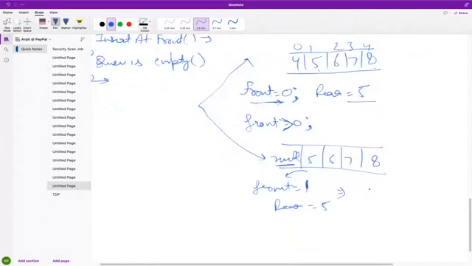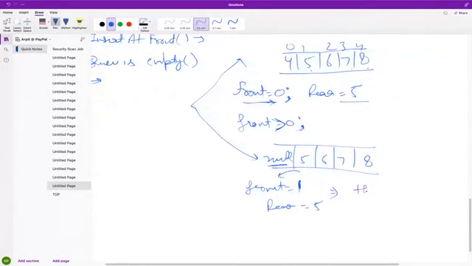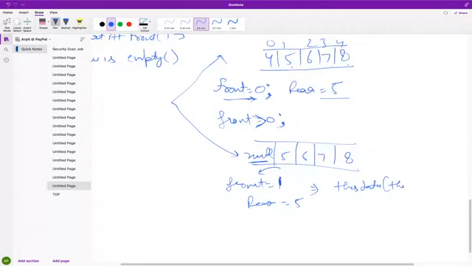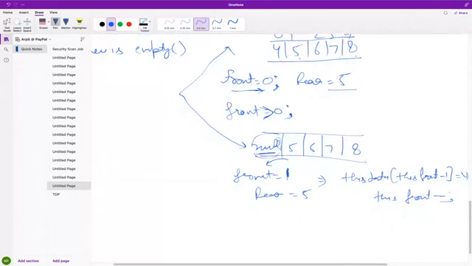So for this scenario, the code will be like this: this.data[this.front - 1] equals the value, and then this.front minus. Because there are already some empty spaces in the queue, first we will fill them. So that's why this is the second scenario.